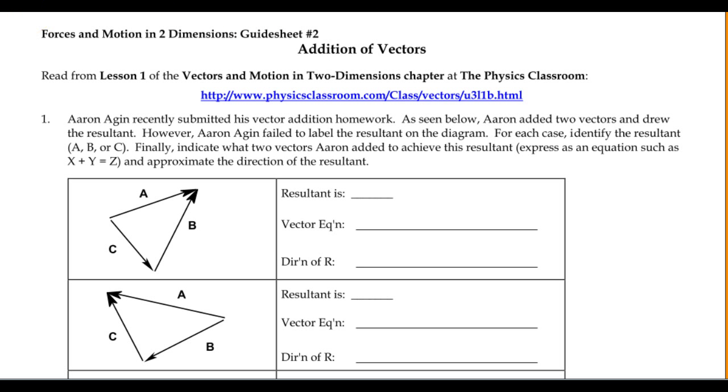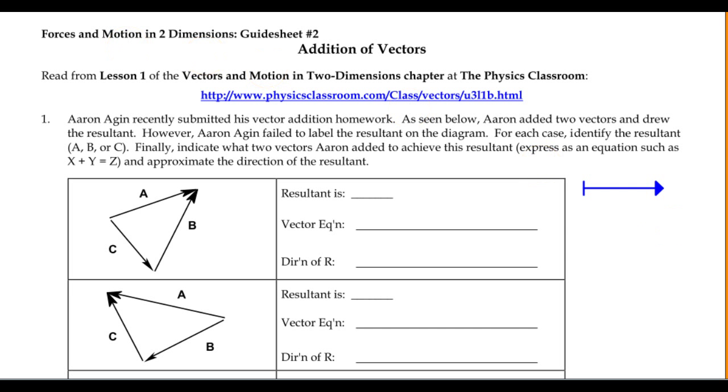Again, a vector is a measured quantity that requires both a magnitude and a direction. Up to this point, we've been able to deal with our vectors, examples of which are displacement, velocity, acceleration, and force in 1 dimension.